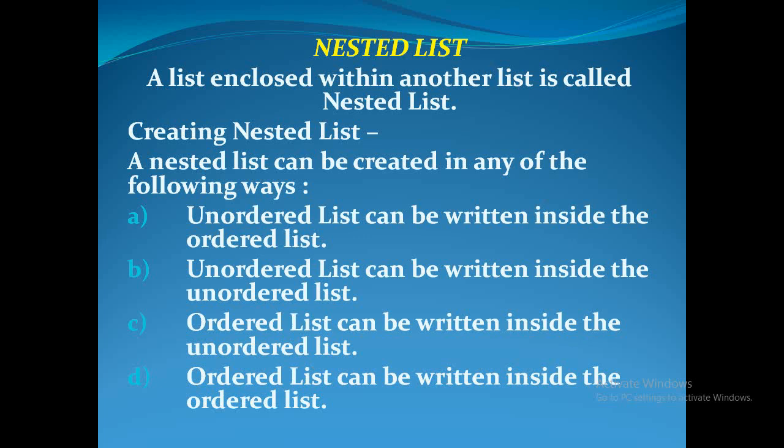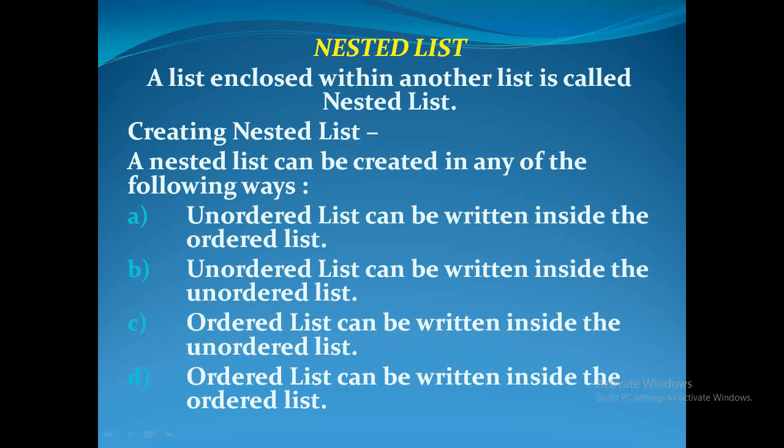Let us see about the nested list. A list enclosed within another list is called a nested list. When we create a list within another list, that type of listing is called a nested list.